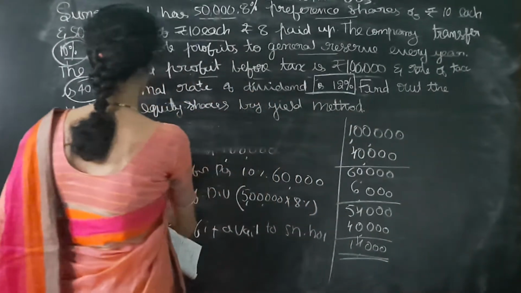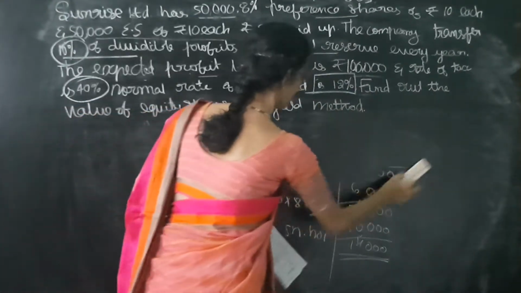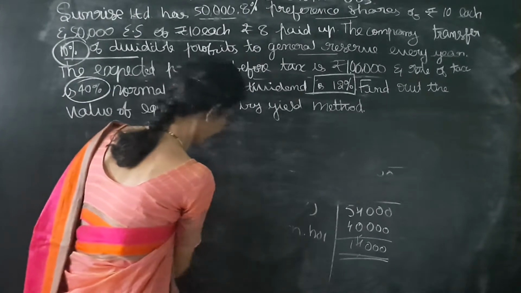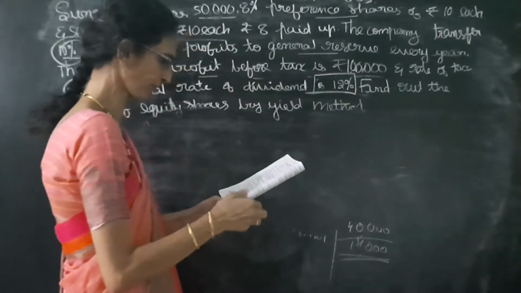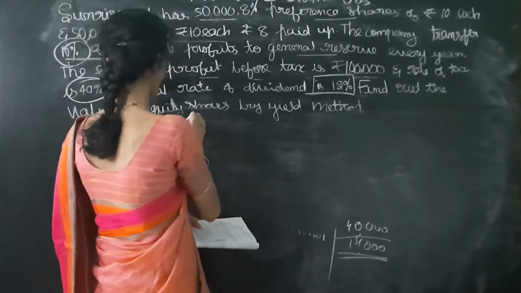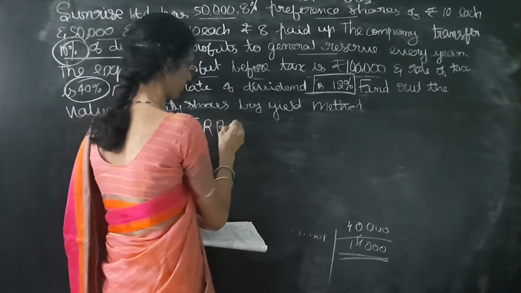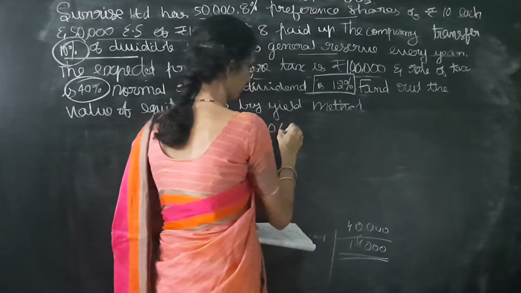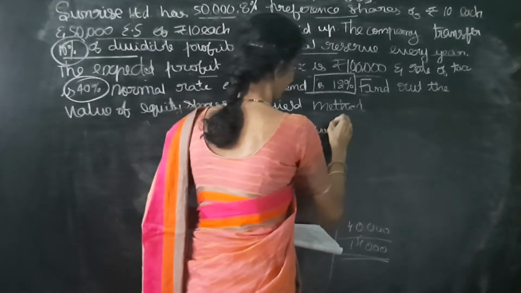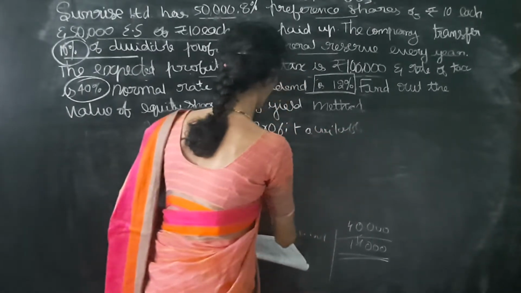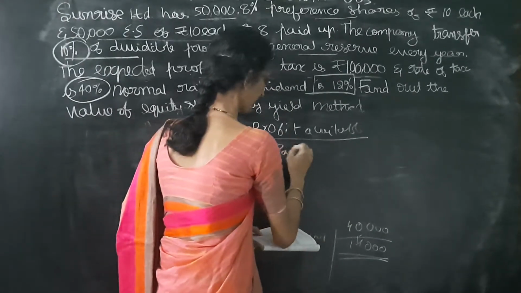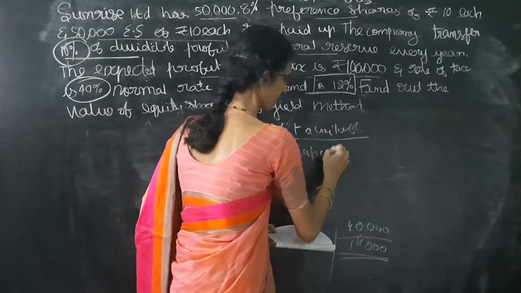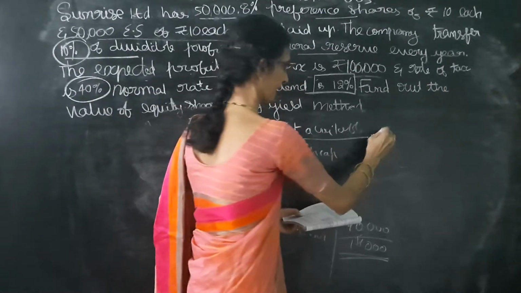Then, second step, we have to find out the value of ERR, that is expected rate of return. So expected rate of return is equal to profit available to shareholders divided by total paid up capital into 100.